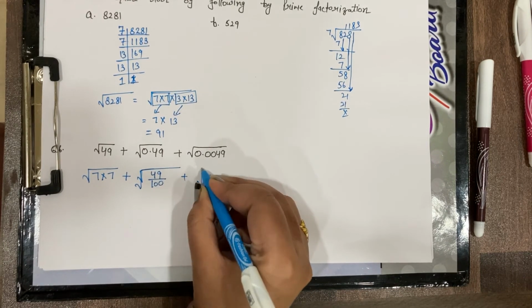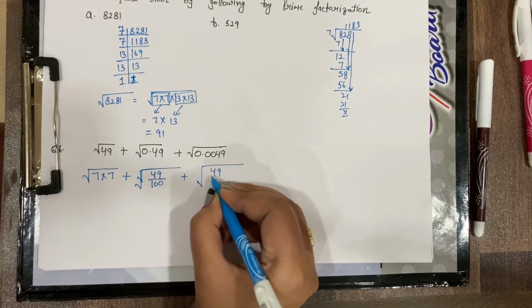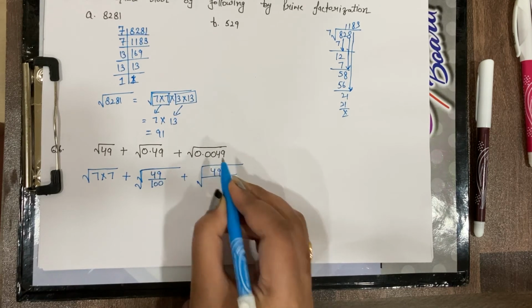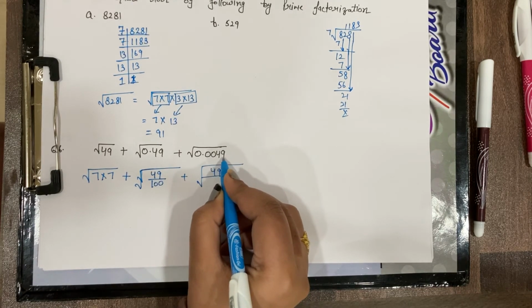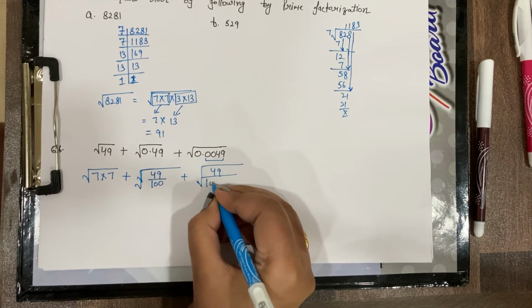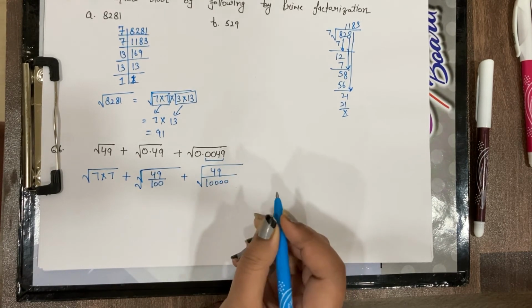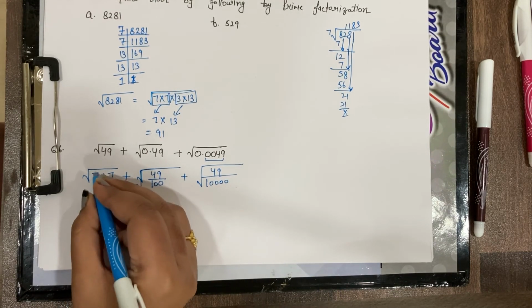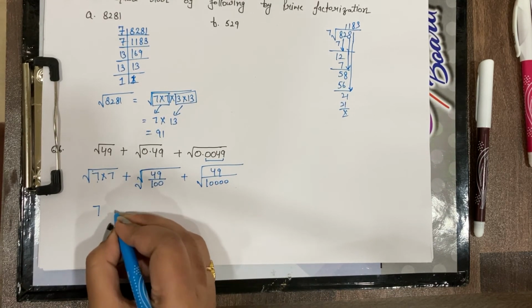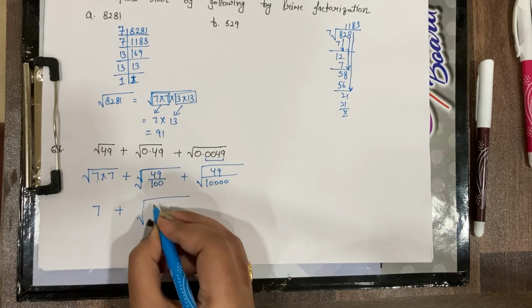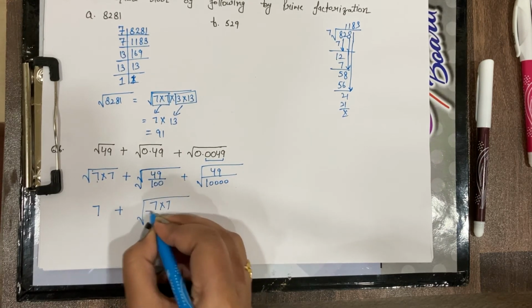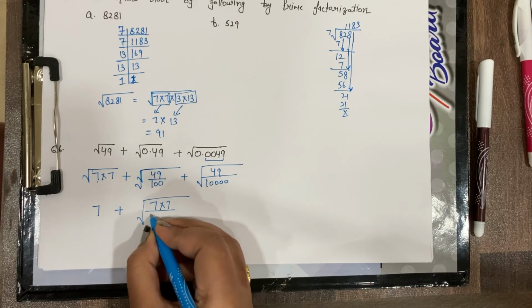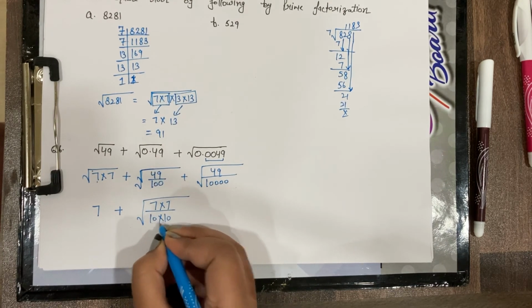Similarly here, remove the decimal. There are 4 digits after the decimal, so there will be 4 zeros in the denominator. Because this makes a pair, 7 will come out of this. And here we write 7 into 7 because 7 sevens are 49, and 10 into 10 as 10 tens are 100.